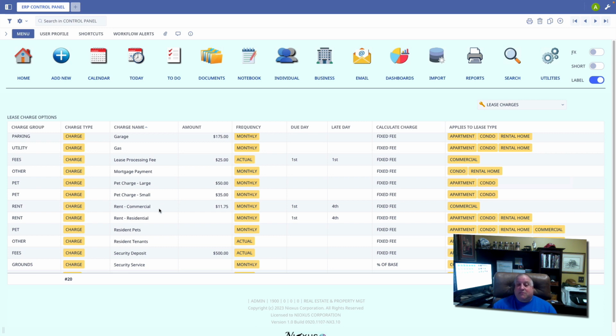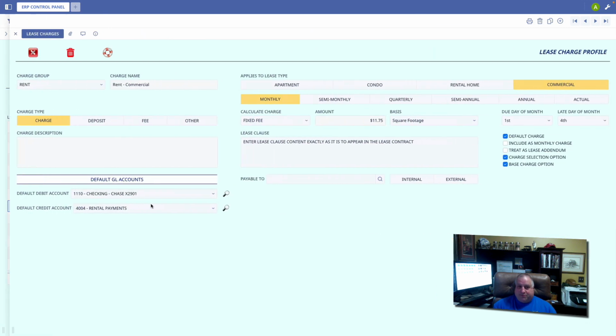We'll start with the most common charge, and that is rent itself. Here we have commercial rent. In this case, this is a monthly fee. It is a charge. It's a fixed fee equal to, in this case, $11.75 based on square footage.